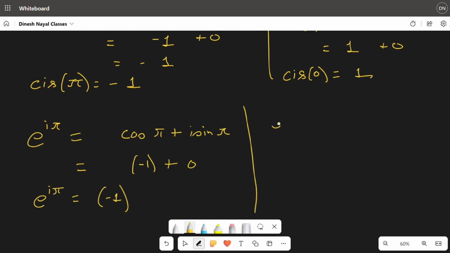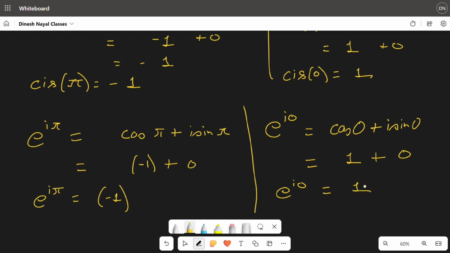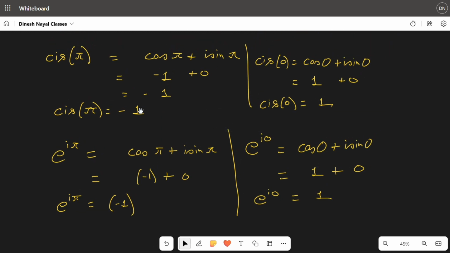Similarly with e to the power i 0, which is cos 0 plus i sin 0. Cos 0 is 1 and sin 0 is 0, so e to the power i 0 equals 1. You should remember these values: cis pi is -1, cis 0 is 1, e to the power i pi is -1, e to the power i 0 is 1.